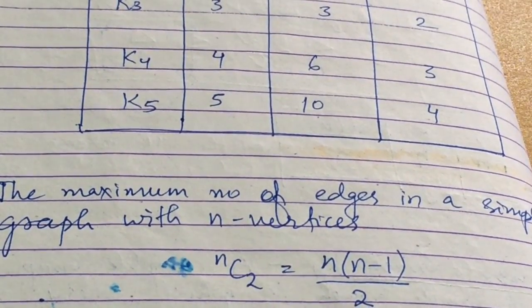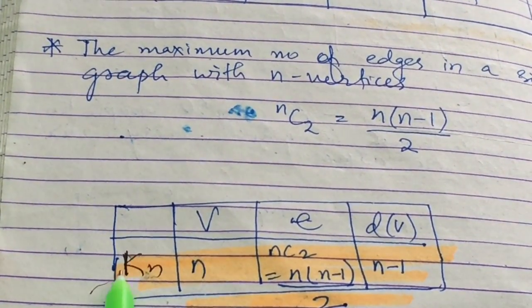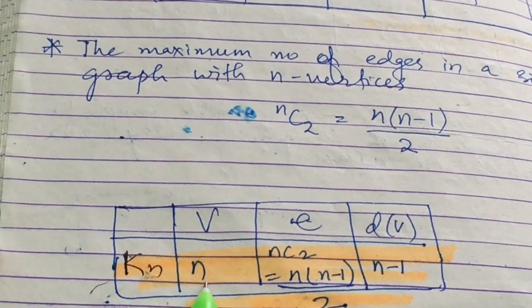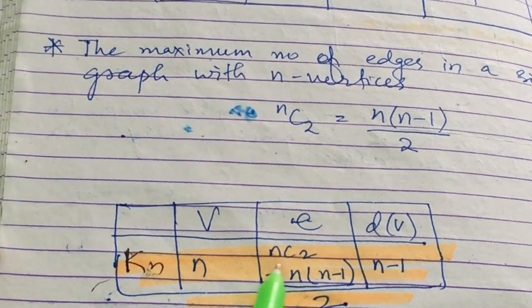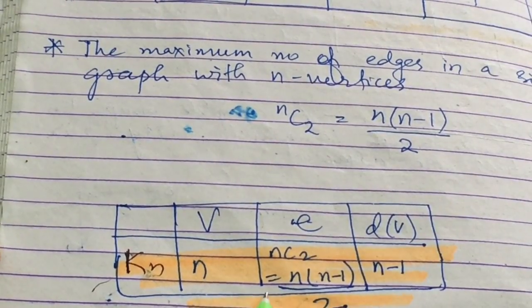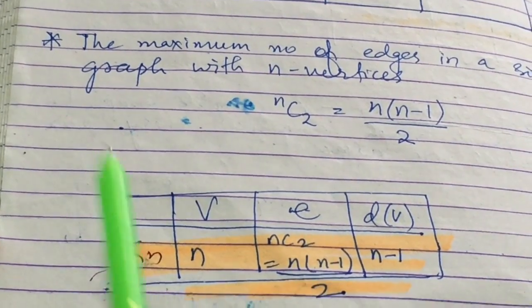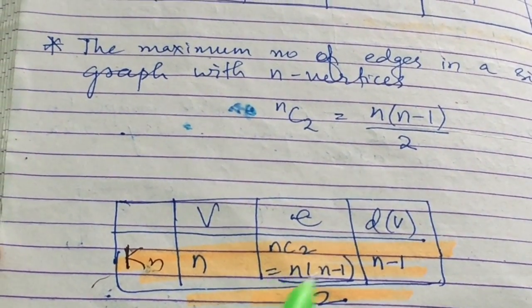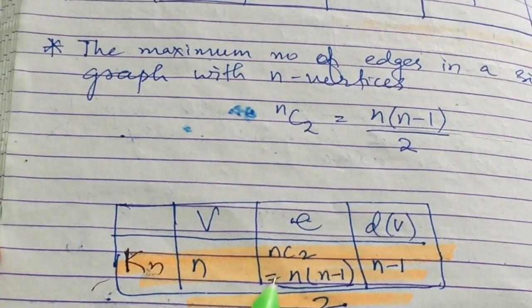Okay, now here is a table for complete graph Kn. n denotes vertices, and E is the number of edges. So number of edges will be NC2, n into n minus 1 by 2. You can find this using this formula. Suppose for K5, this will become 5 into 4 by 2, means 4 by 2 is 2, 5 into 2 is 10.